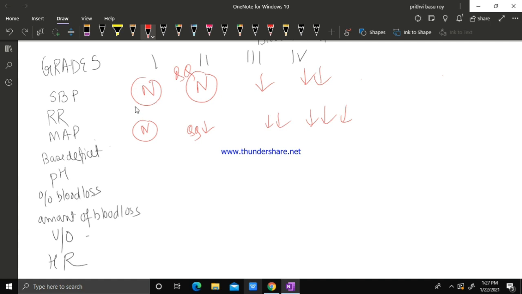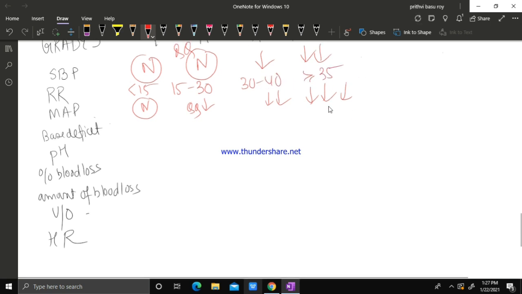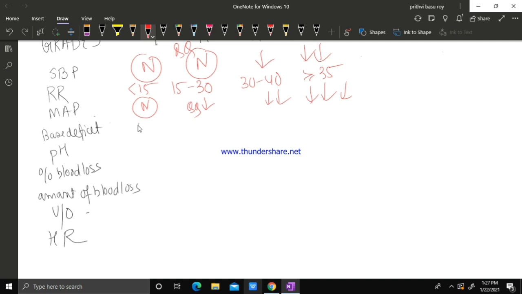Respiratory rate: less than 15, then 15 to 30, it's like a poem, 30 to 40, and then more than or equal to 35, that is persistently high above 35. Base deficit: less than 4, 4 to 8, 8 to 12, more than 12 milliequivalent per liter. Clear? Okay, pH: 7.1, 7.2, 7.3, and 7.3 and above, and less than 7.45.